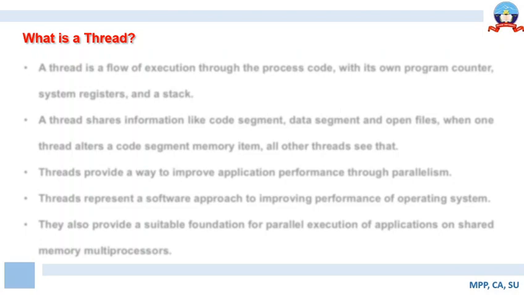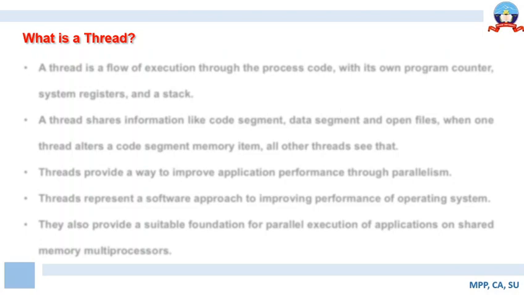It is to be understood here that a process can have multiple such flows, which implies that a process can have multiple threads. Each thread is assigned a specific responsibility.